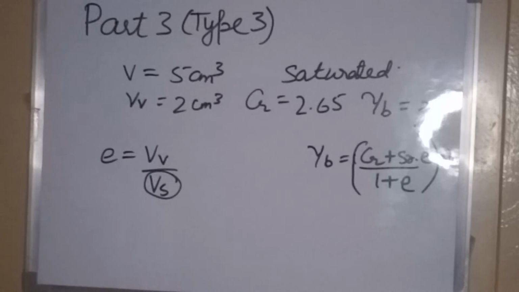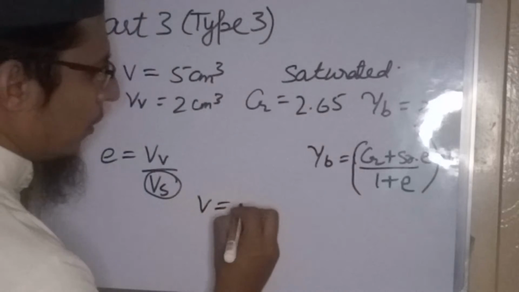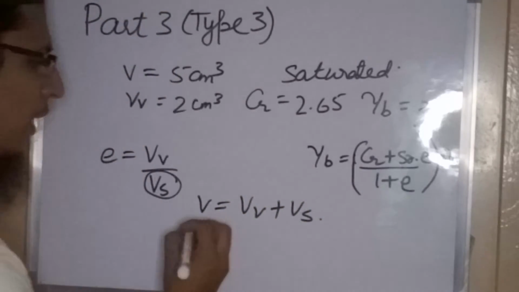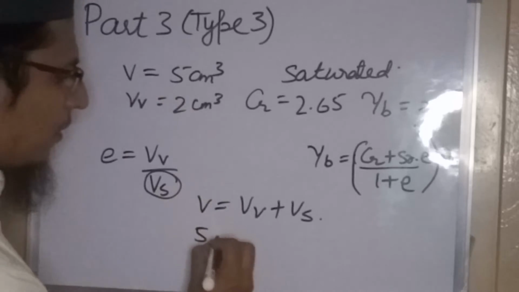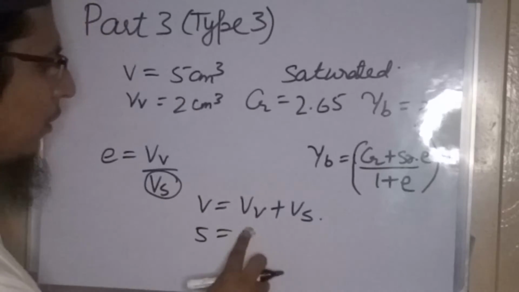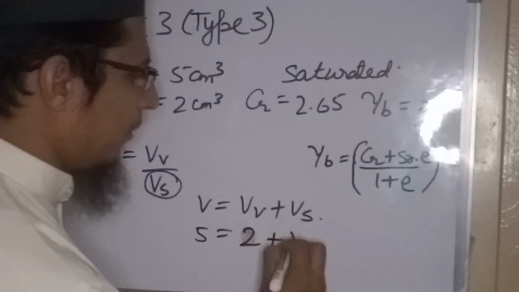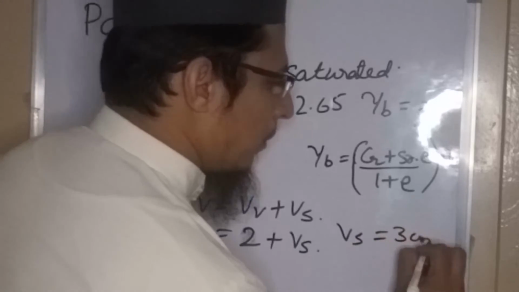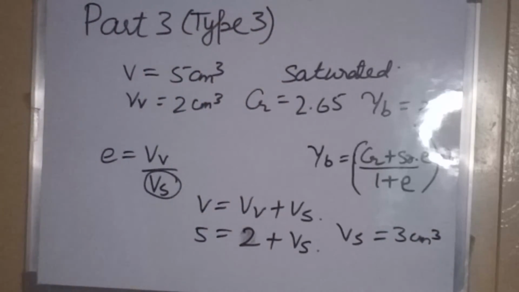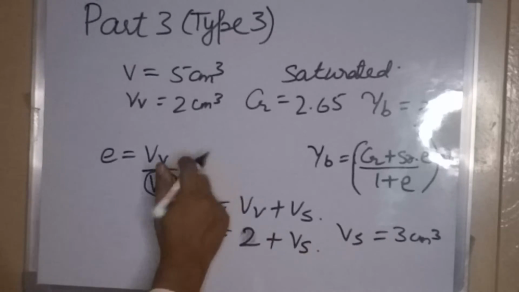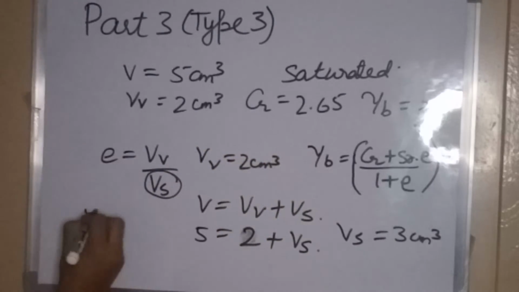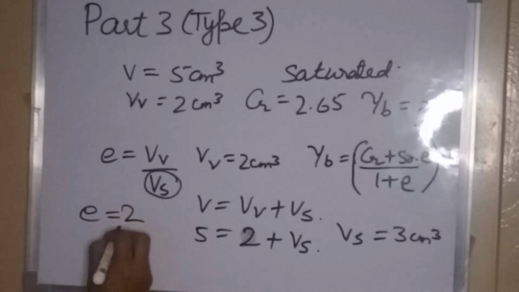How can we calculate that? We know that total volume is equal to volume of void plus volume of solid. So total volume, that is 5, is equal to volume of void, that is 2, plus volume of solid. So we get volume of solid as 3 centimeter cube. Now we have volume of solid, and volume of void we already know as 2 centimeter cube, so void ratio will be 2 by 3.